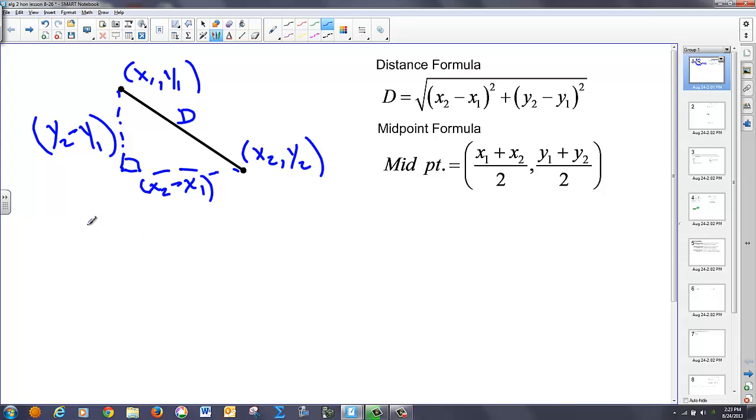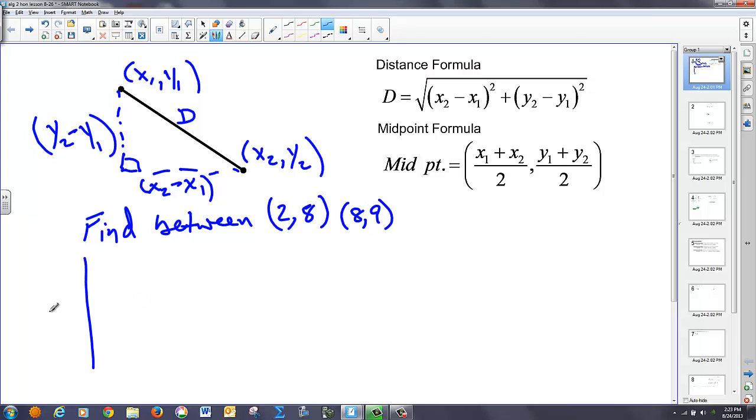So if I wanted to find the distance between, let's say, (2, 8) and (8, 9), so roughly somewhere like that.